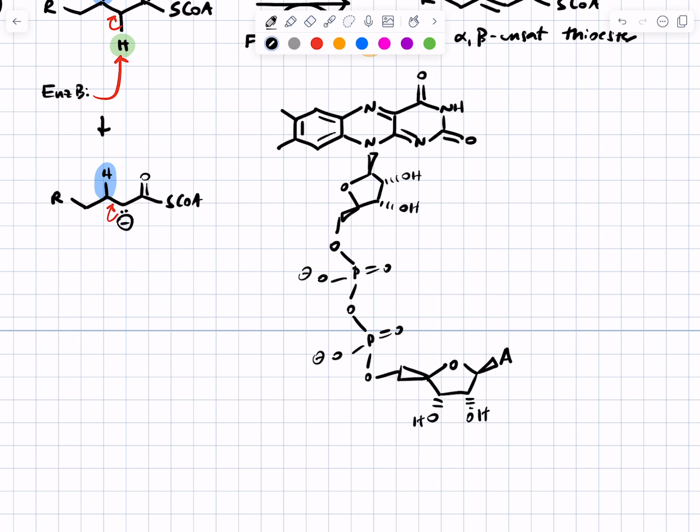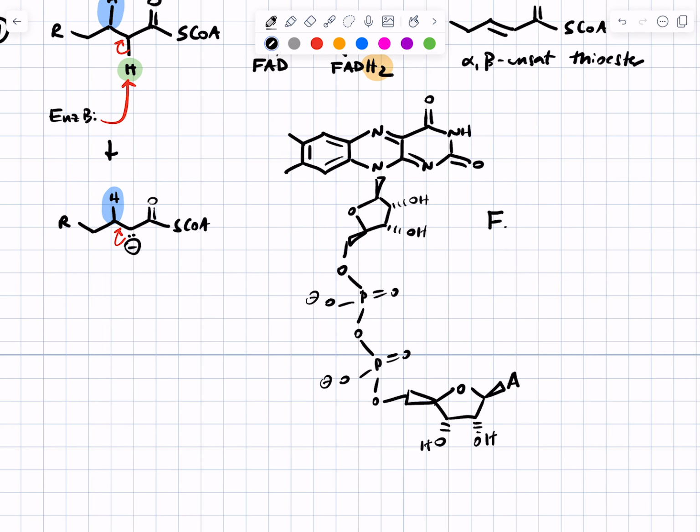And then you've got adenine here. So the F part of FAD is this part, the flavin. The A is for adenine, and then the D is for dinucleotide. And a nucleotide is where you have a base, a ribose ring, and a phosphate. So you can see this is a nucleotide and this is a nucleotide. They're bonded together, and that's where the dinucleotide comes from.